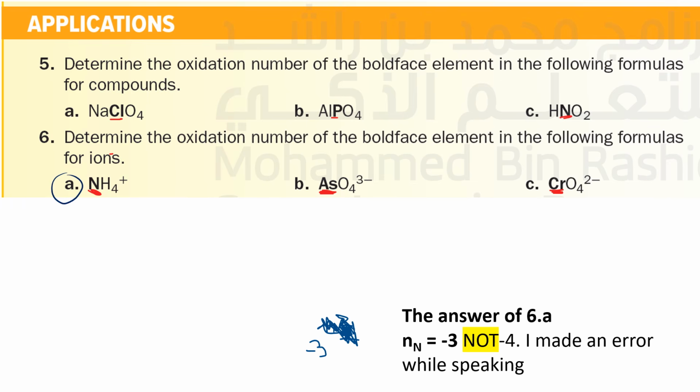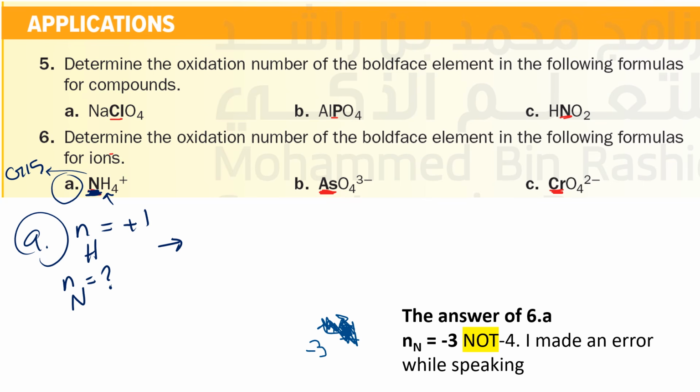Let's do A. Determine the oxidation number of the boldface element, so you need the oxidation number of N. We know from the rules that H is always +1, except when it is with elements from group 1 and 2. N is in group 15 in the periodic table, so NH here will certainly be +1. The N of N we don't know.